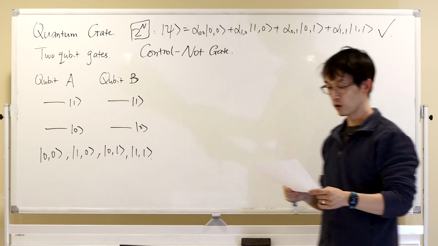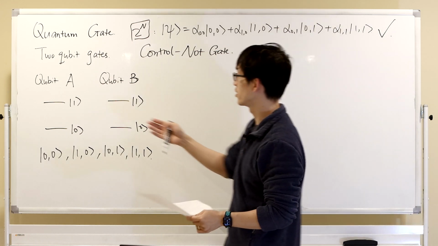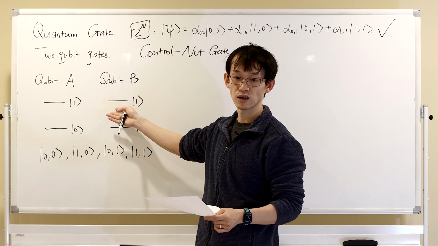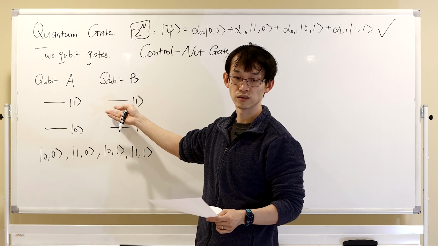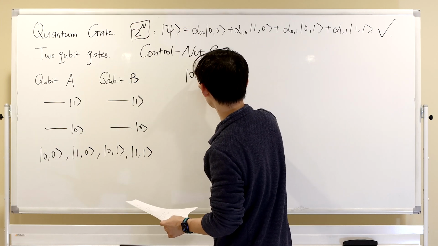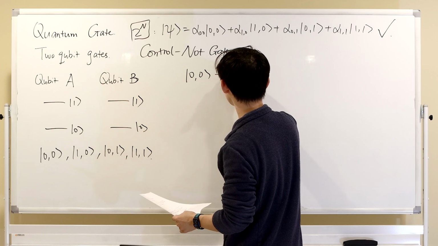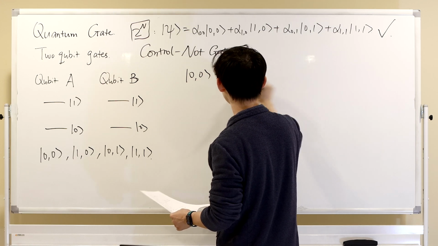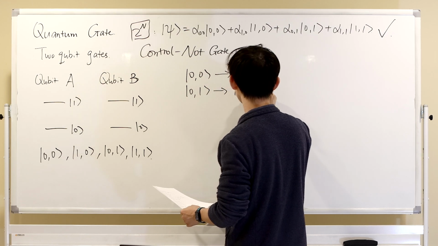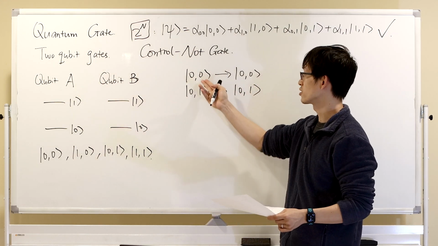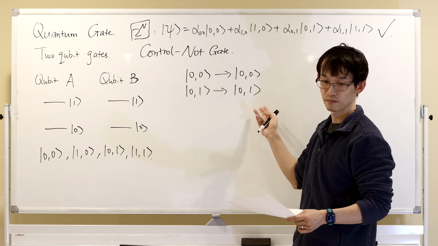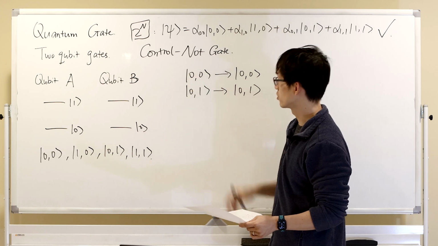What the control NOT gate does is use qubit A as a control to decide whether a NOT operation will act on qubit B. For example, if qubit A is in the 0 state, then nothing happens. No matter if your second qubit is 0, it stays 0. If it's 1, it stays 1. 0 means don't do anything.